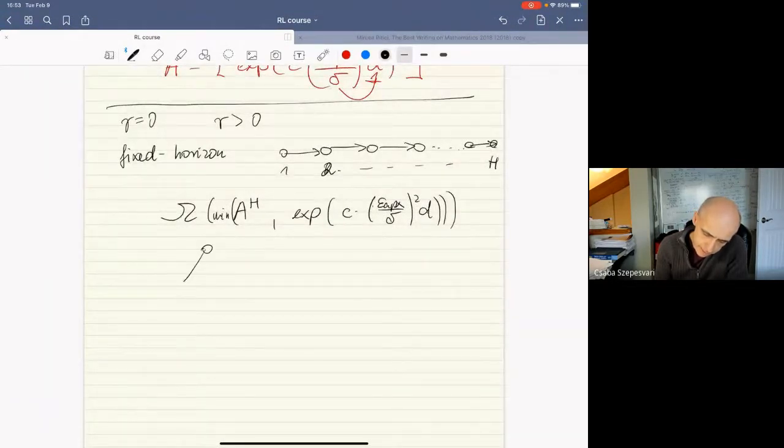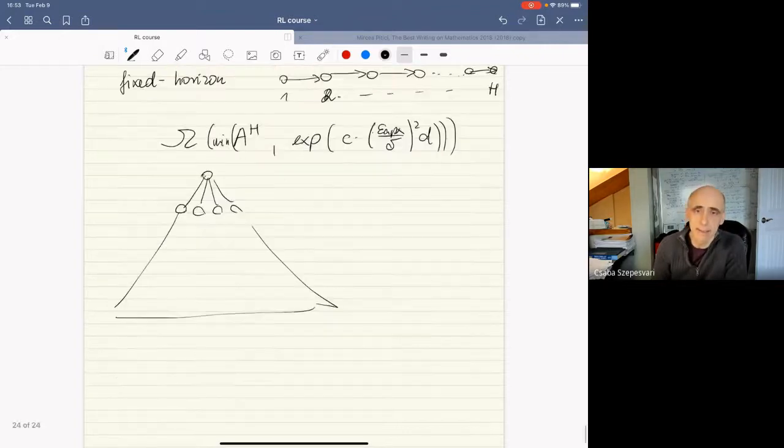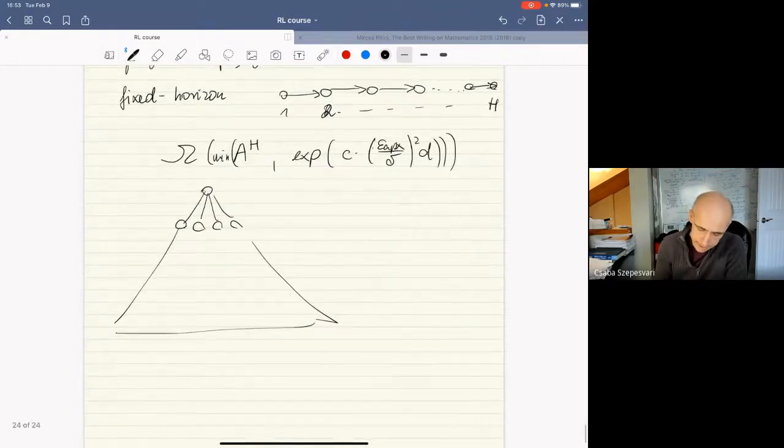It's based on constructing an A-ary tree, deterministic dynamics, the usual lower bound that we have seen previously applied to local planning. So you do the same tree construction, where the depth of the tree is chosen to be H if this is the smaller quantity.